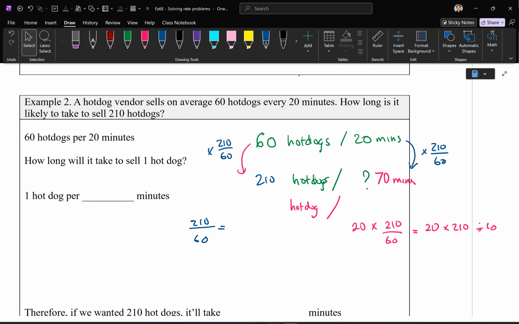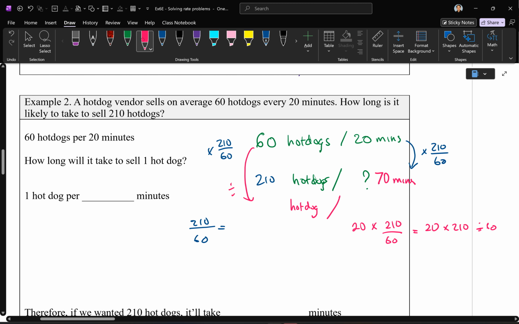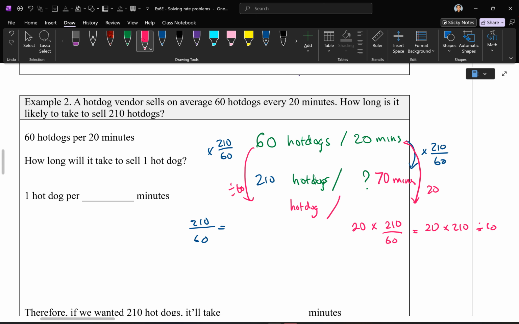So if you worked out how long does it take to just sell one hot dog, well, now you can think about it. From 60, how do I go to one hot dog? Divided by 60. So you could have done it from here. You'd say divide this by 60, and then you go from this side, 20 divided by 60. Now what's 20 divided by 60? 1/3.